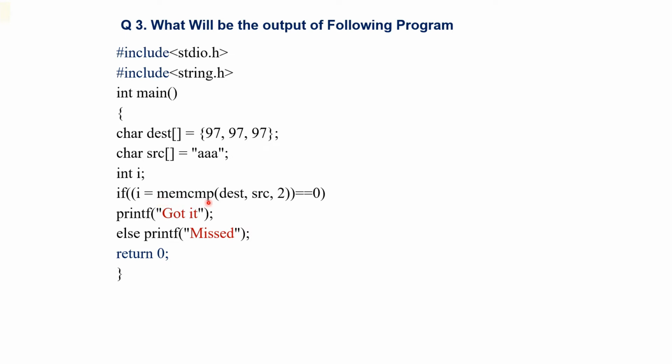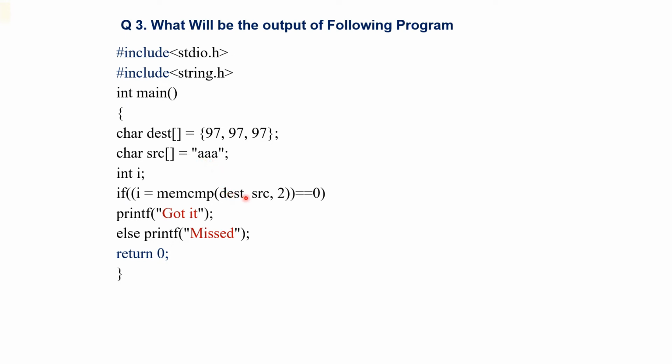This function compares the first two characters of these two strings. Here the two strings are dest and src. So this function will compare the first two characters of these two strings. Here the dest string contains the values 97, 97, which will be equal to A and A. So the first two characters of the dest string will be AA, and the first two characters of the src string are also AA.